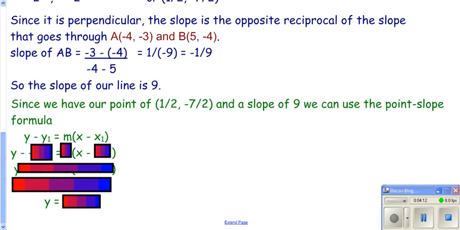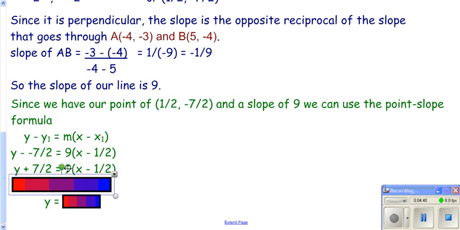So now we have a point and we have a slope. We could use our point slope formula to be able to go ahead and find our equation. We'll take our 9, plug it in for our slope, which is m. We'll take our y value of negative 7/2, plug that in for your y1. Take your x value of 1/2, plug that in for your x sub 1. And all we're going to do now is just get rid of your parentheses and get y by itself.